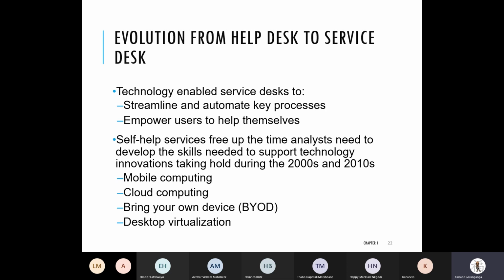So that's where your mobile cloud computing and the BYOD we were talking about earlier on comes in. Same difference would go with the desktop virtualization that we've discussed in your computer architecture module there.